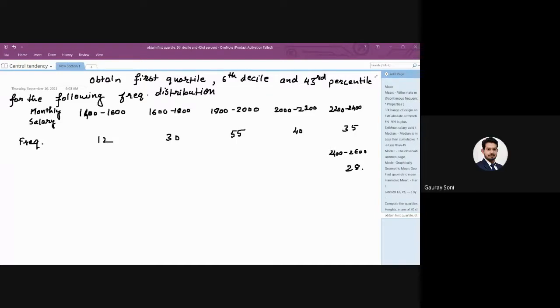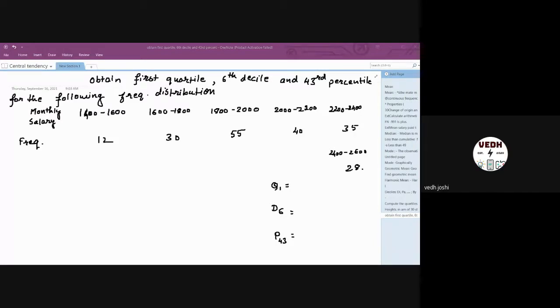So what is the formula when you have a continuous frequency distribution for Q1? You'll need three formulas: Q1, D6, and P43.